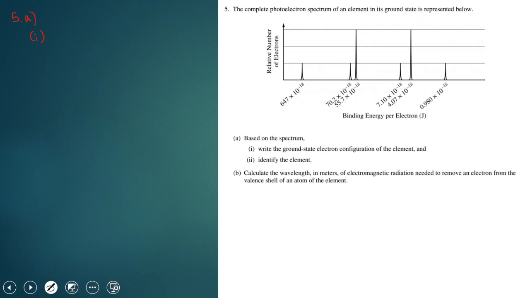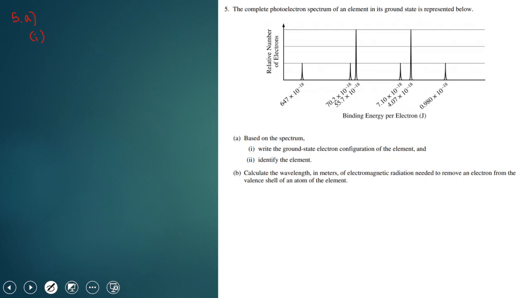Why? Because our first subshell, the 1s subshell, can only contain 2 electrons. And so as soon as you move past that, the peak of the 1s electron represents 2. Now, our 2s can only hold 2 electrons, but our 2p can hold 6. And so if you move past the 2p, then the peak of that has to be 6.